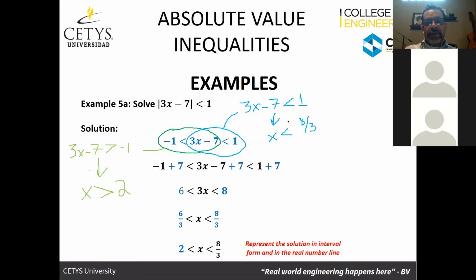And so if we join these two, x larger than 2 and x less than 8/3, we get this solution that we have here, which would be the complete solution, okay? So the only thing that we need to verify is that we're placing the symbols correctly, okay?